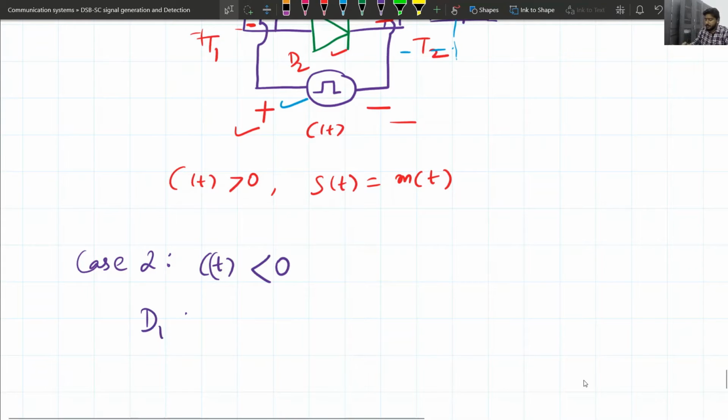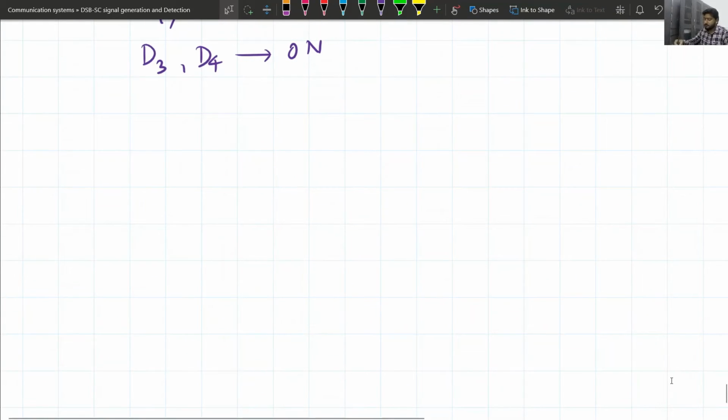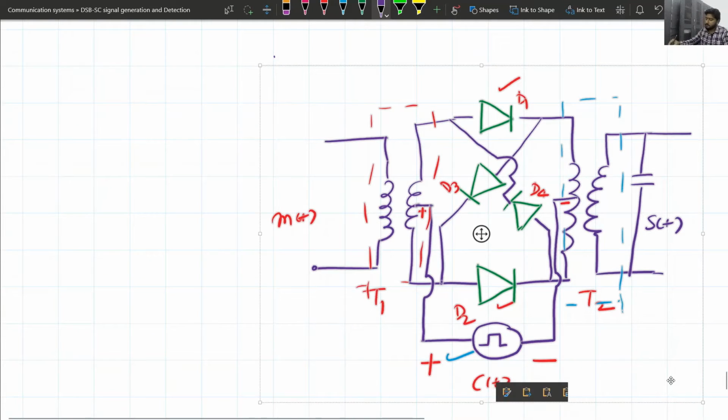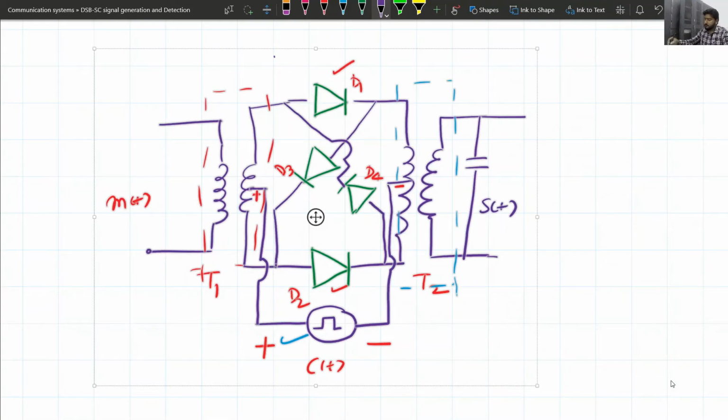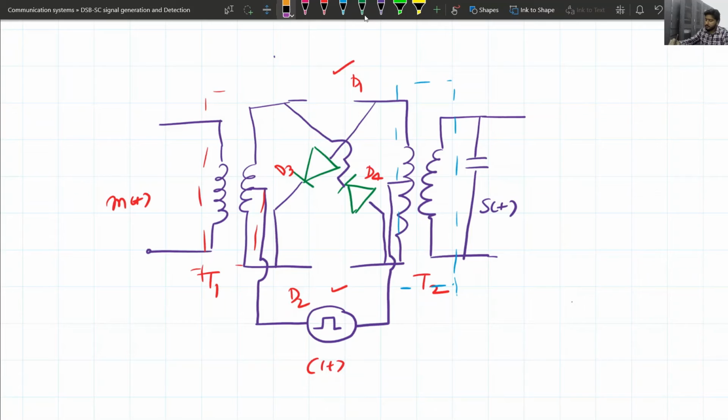In that case, D1 and D2 will go off and D3 and D4 will be in the on state. Let me draw a fresh circuit.